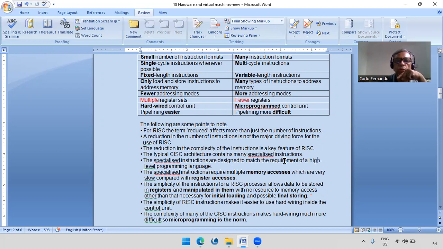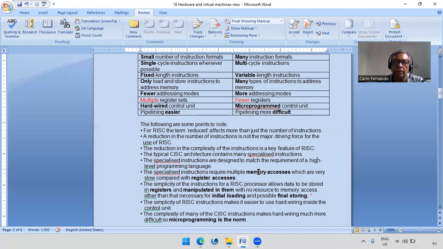So now you know the purpose: to match the requirement of a high-level programming language. The specialized instructions require multiple memory accesses, multiple times. Just one access is not enough, and these are very slow compared with register accesses.